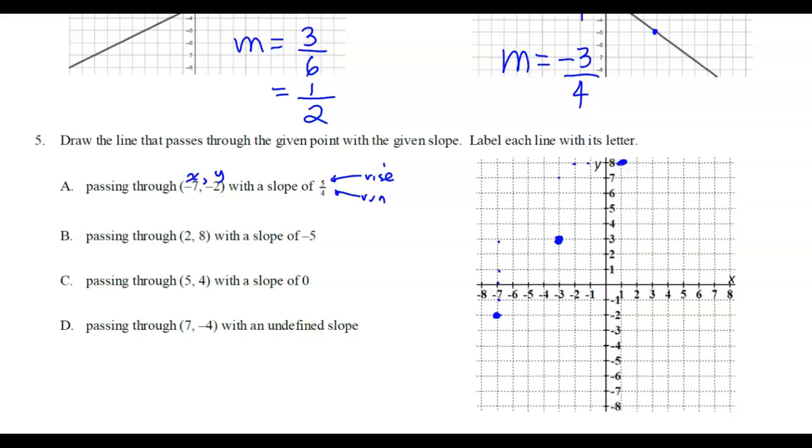And then join it up with a line. And I'm going to put arrows on the end because it says it's supposed to be a line, not a line segment. And that is line A.